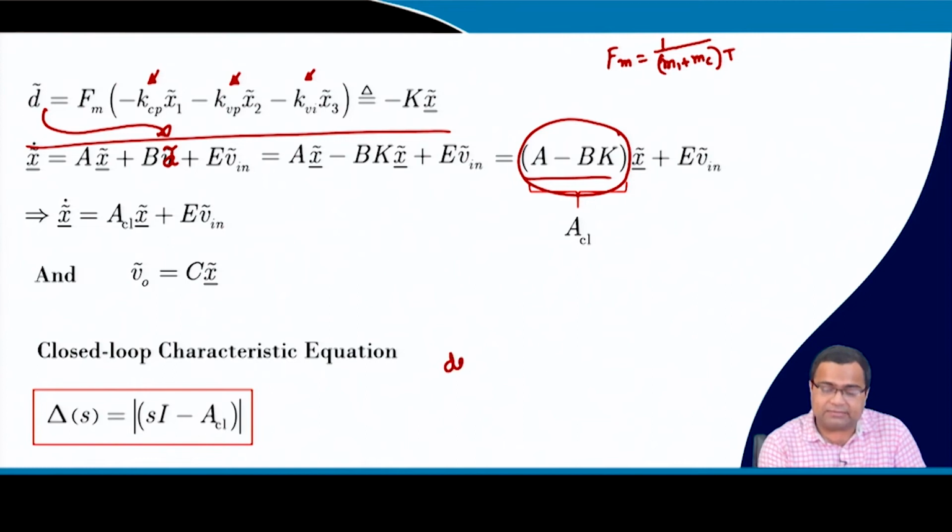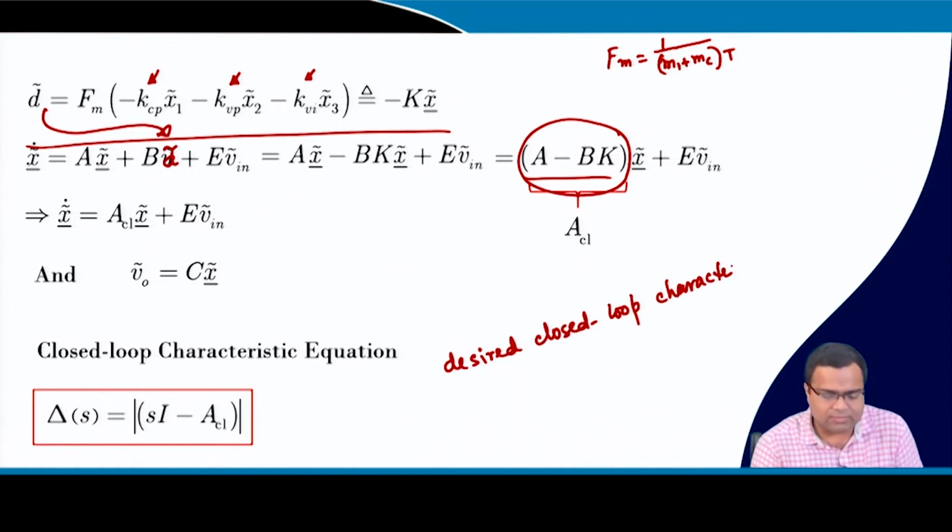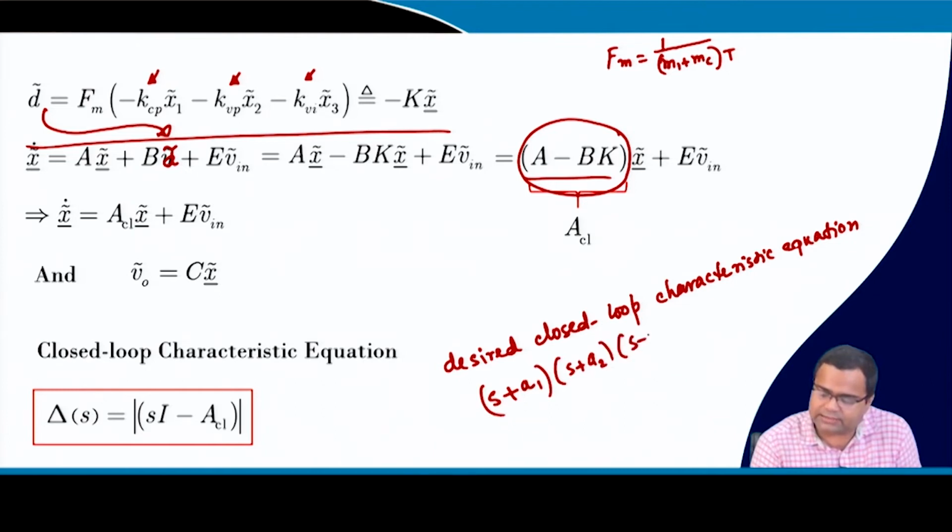So, our desired closed loop characteristic equation can be written as (S plus A1)(S plus A2)(S plus A3) equal to 0.